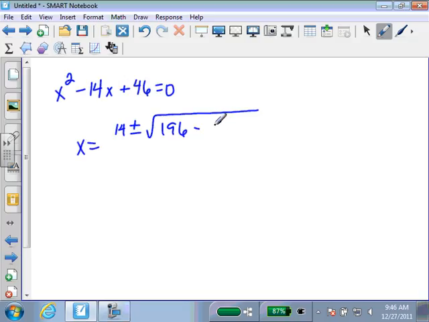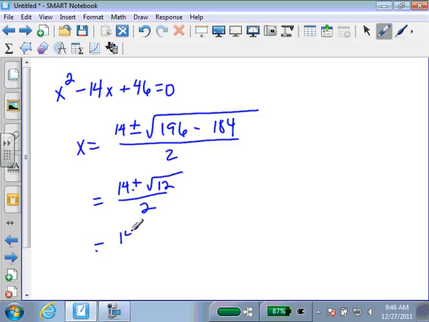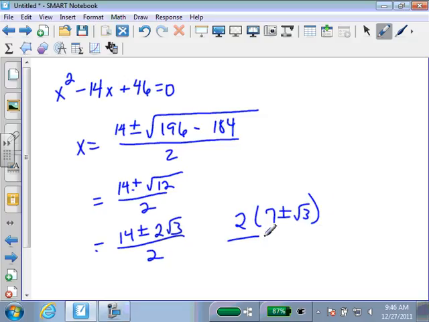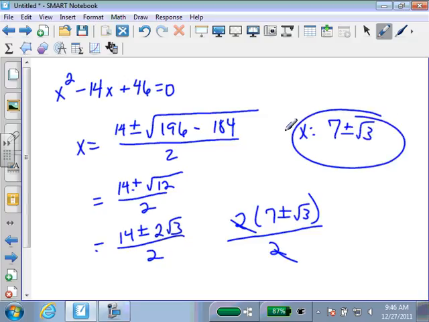So that's 184 all over 2a equals 14 plus or minus the square root of 12 over 2, is 14 plus or minus 2 root 3 over 2, which is 2 times 7 plus or minus root 3 over 2, and the 2's cancel. So I get x is equal to 7 plus or minus root 3 as my solution.